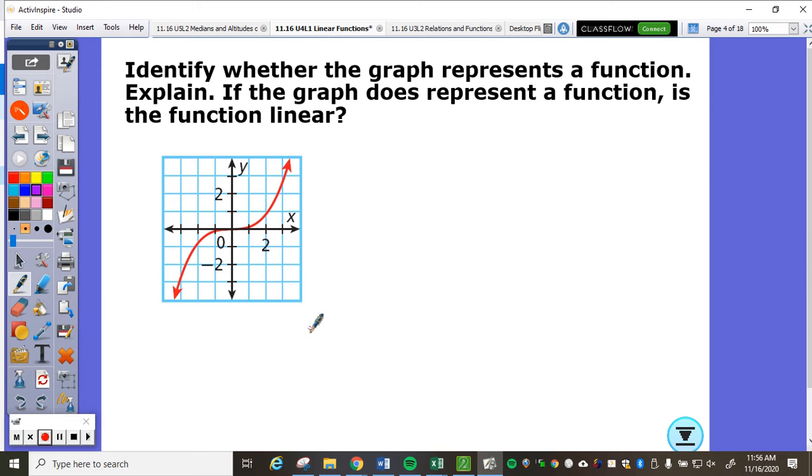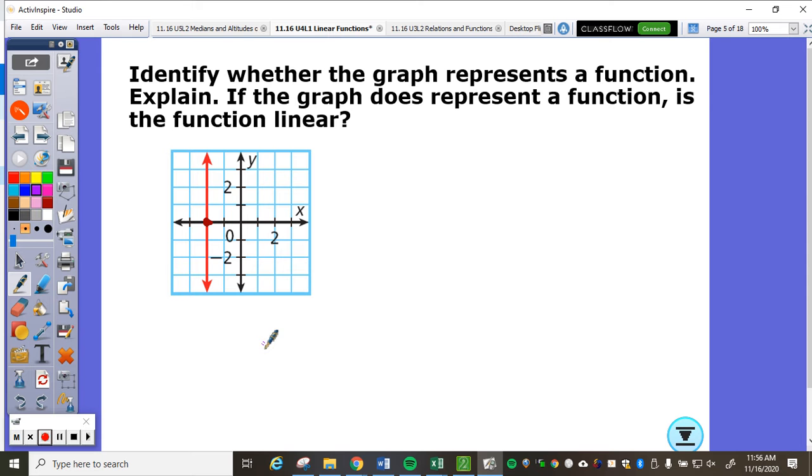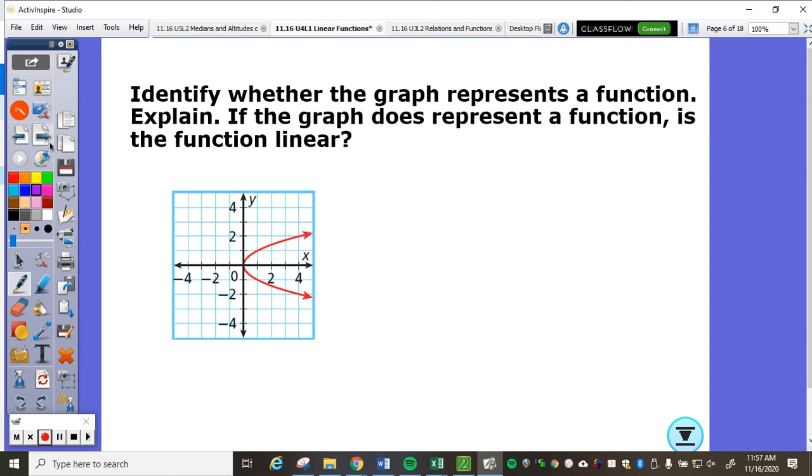Yes, it's a function. Is it a linear function? No, it is not a linear function. Is this a function? Is it a linear function? Oh, on the test. That's not a function. Okay? This is not a function, but it is linear. Okay? And I kind of worded that wrongly. It is not a function, but it is linear. Is this a function? No. Is it linear? No.